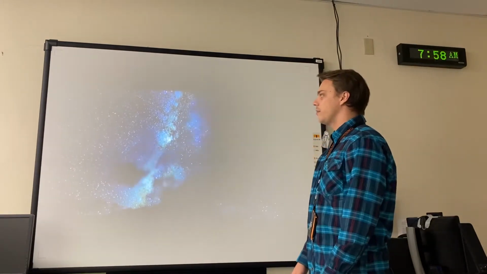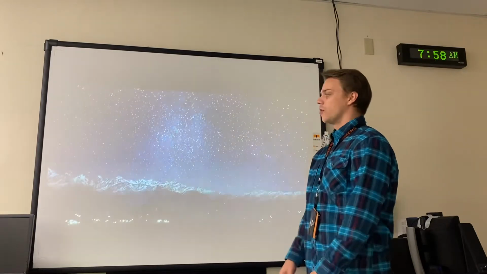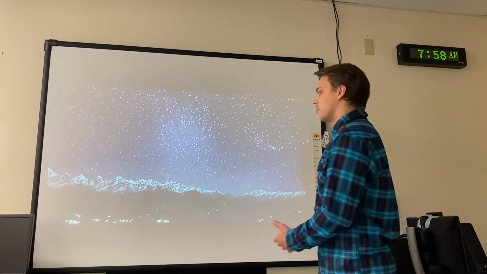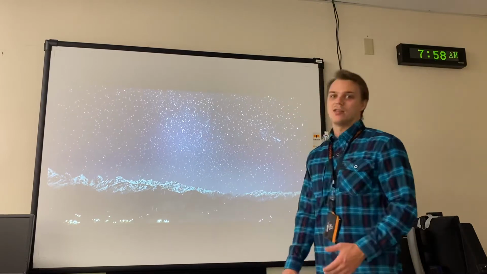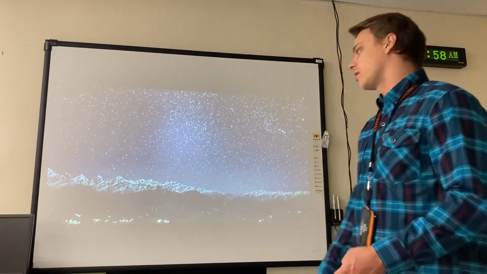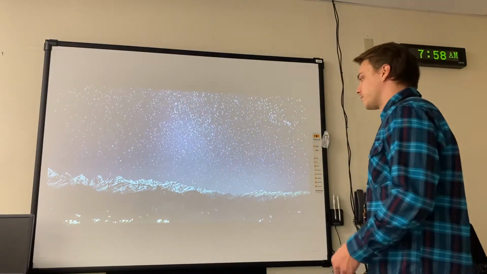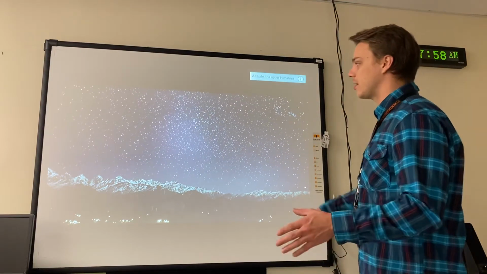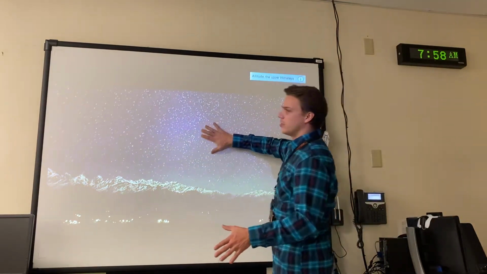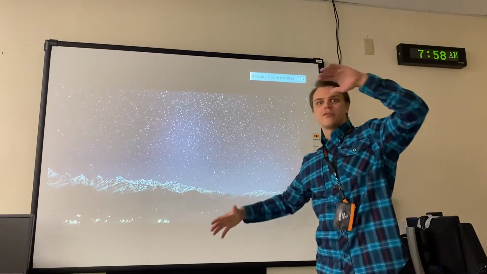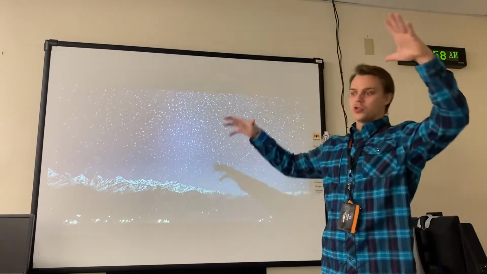Now, if you go to a place like the middle of the desert or the top of a mountain where you're not near many cities, this is what the night sky looks like. That many stars are visible to the human eye. They used to think that the sky was like a giant sheet that covered the earth, and it just turned around the earth while the earth stood still.